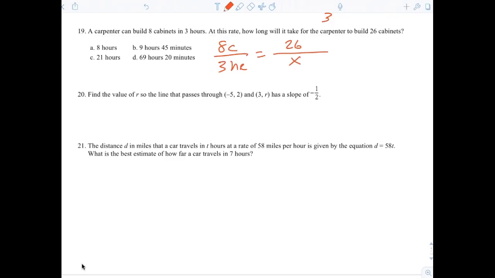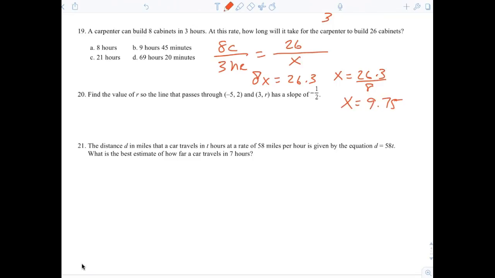Now when we cross multiply, 8x equals 26 times 3. So x is equal to 26 times 3 divided by 8. What does that come out to be? 9 point what? Is that right? 9.75?